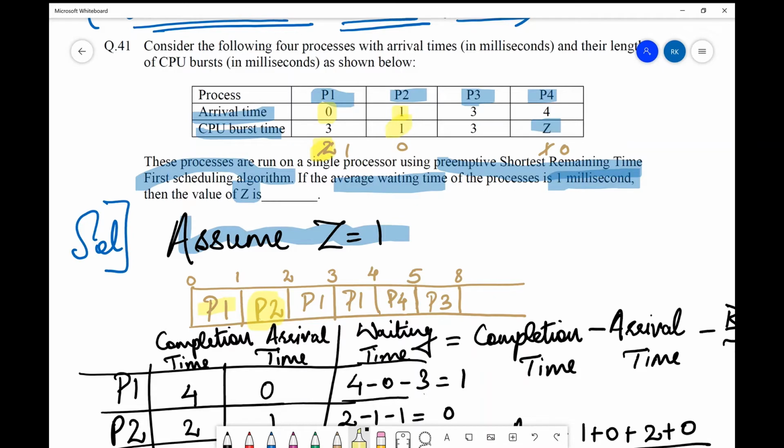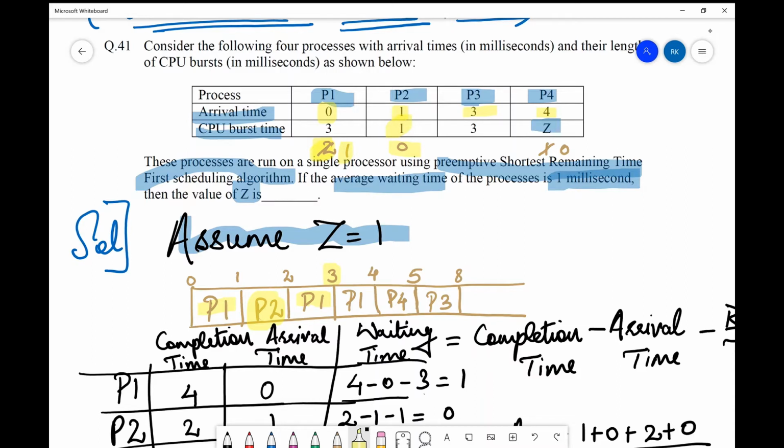Therefore I schedule P2 next for 1 second, and at t equals 2 I checked there was no other new process that arrived, because P3 arrives at t equals 3, and P4 arrives at t equals 4. Now P2 completes after 1 second, therefore I scheduled P1 again. After 1 second, at t equals 3, there is only one burst time left for P1, right?